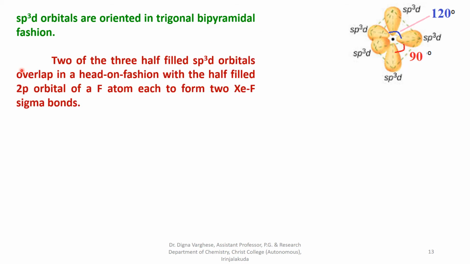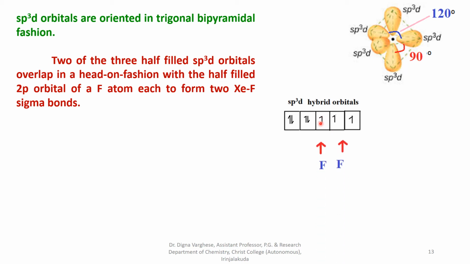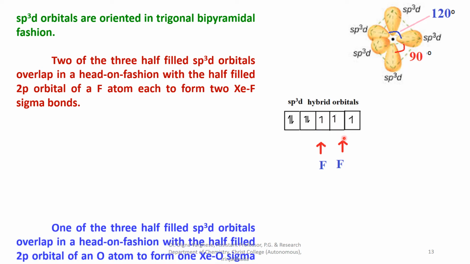And two of the three half-filled sp3d orbitals overlap in a head-on fashion with the half-filled 2p orbital of the fluorine atom, forming two XeF sigma bonds.